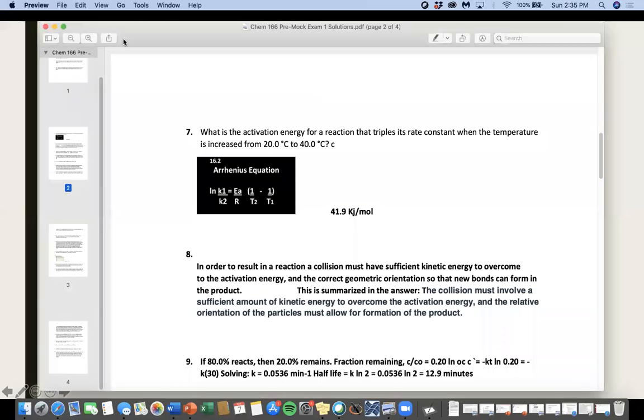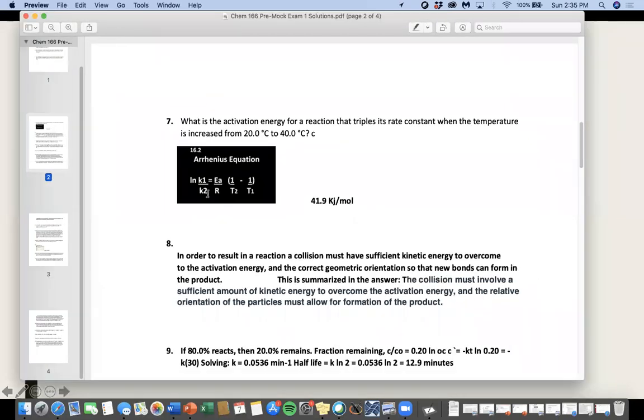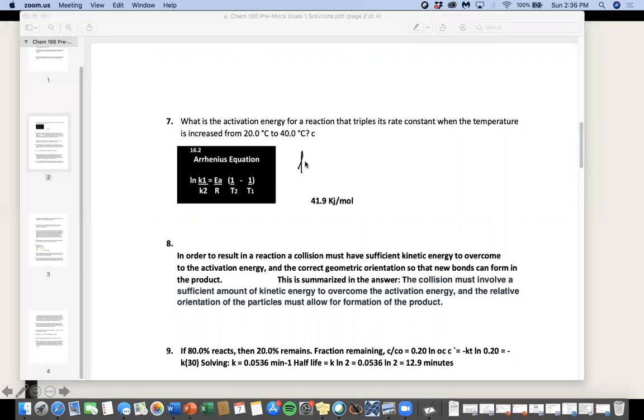They use this equation, natural log K1 over K2 equals EA over R times 1 over T2 minus 1 over T1. And so when you use this equation here, you would have natural log of 3 because your K tripled.